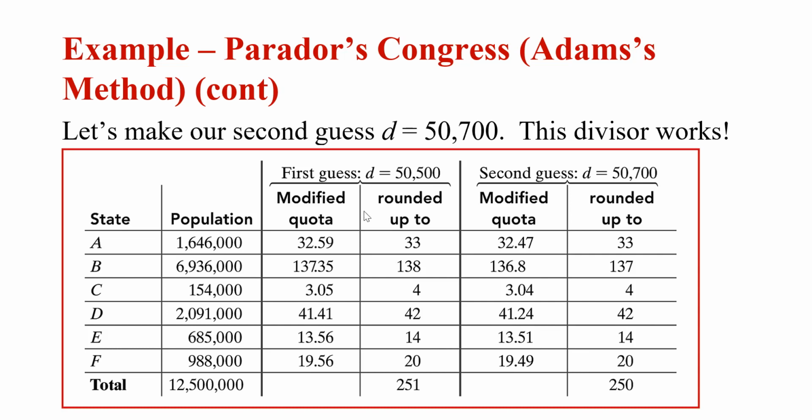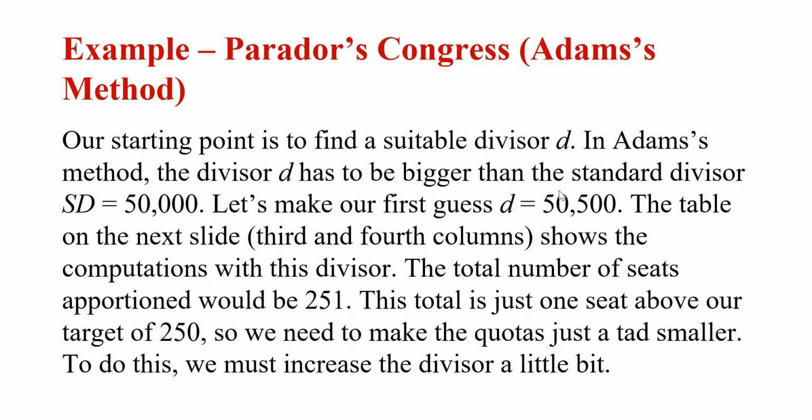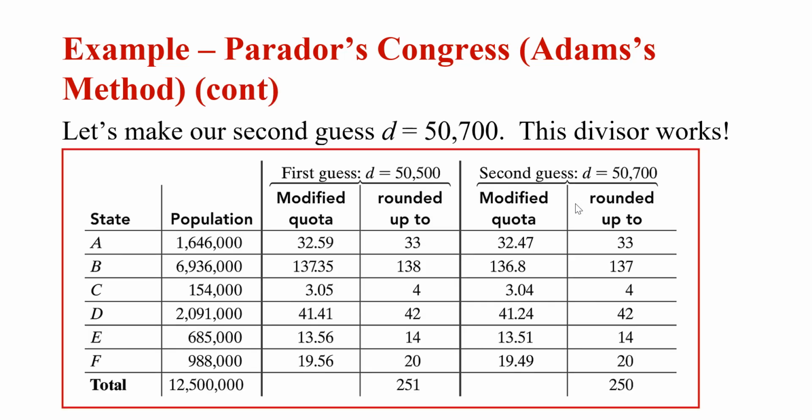And so if you guys, you almost have to calculate the initial one as opposed to the modified one, right? So the initial number of seats, you should have been dividing by 50,500. That's your original divisor. And if you did that one, then this little seat right here would have been 138.72.